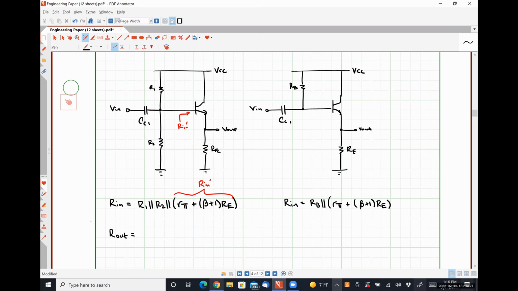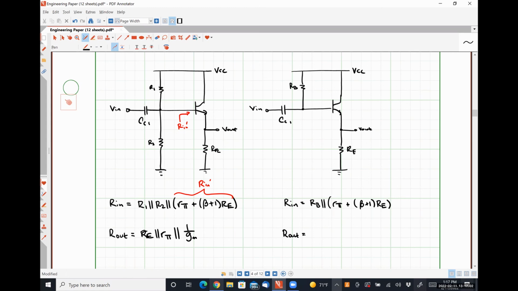Okay? So that means that the output resistance of this guy is just the output resistance of the most simplified version of this circuit that we analyzed at the beginning. So what was Rout in that case? RE in parallel with R pi in parallel with 1 over gm, all right?